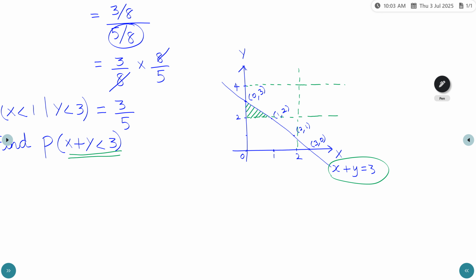X value between 0 to 2, y value between 2 to 4, and then x plus y less than 3. So we draw this graph to find the integral lower limit, upper limit value.